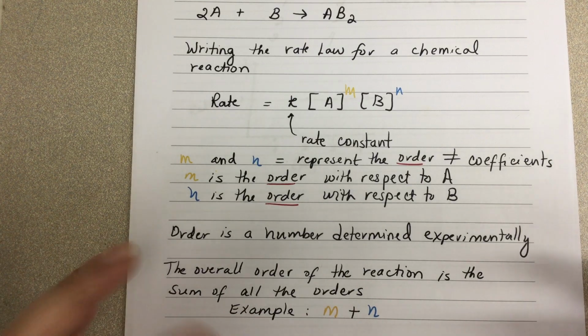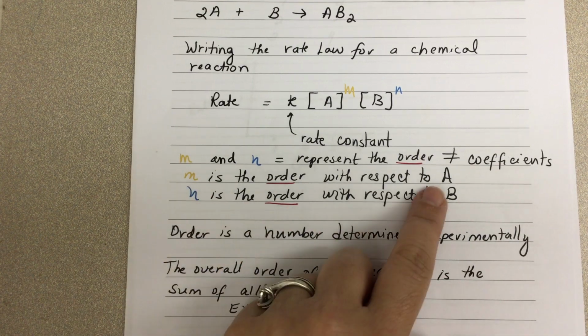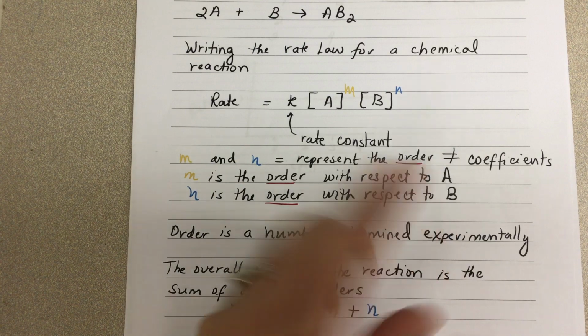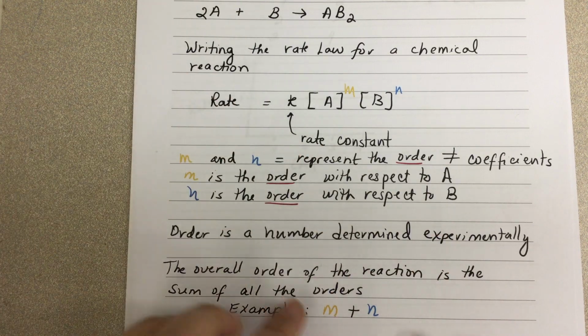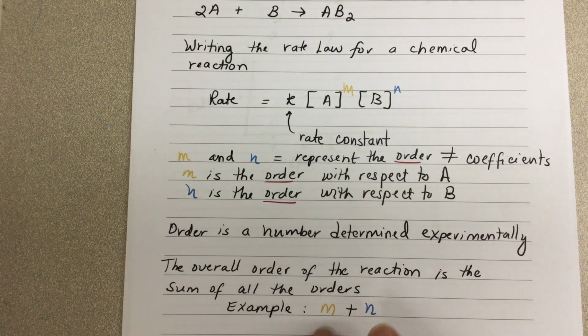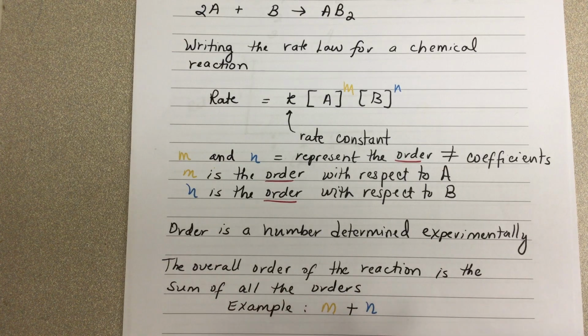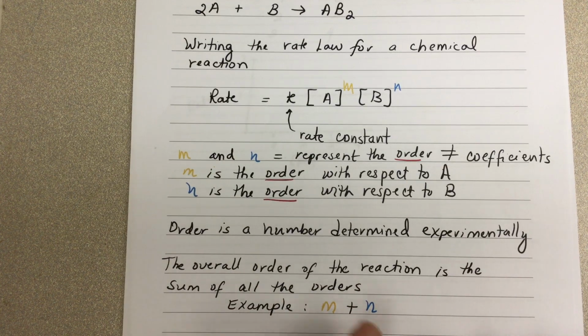Now, those letters are representing the order with respect to a specific reactant, A or B. The overall order for the reaction is going to be given by the sum of all of the orders that you have. In this case, we have 2 reactants, so we have 1 order for each one.